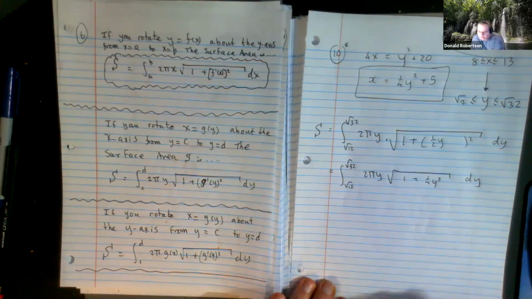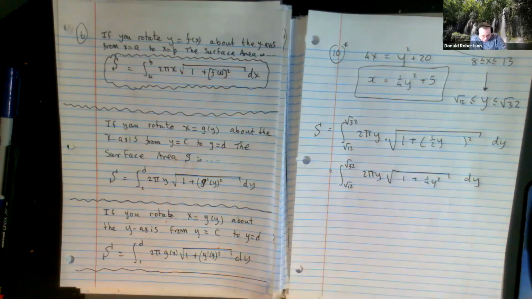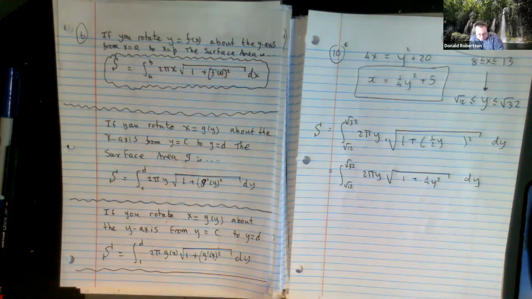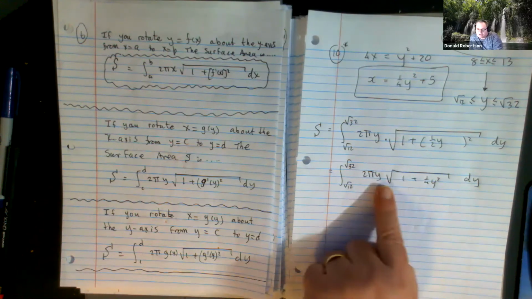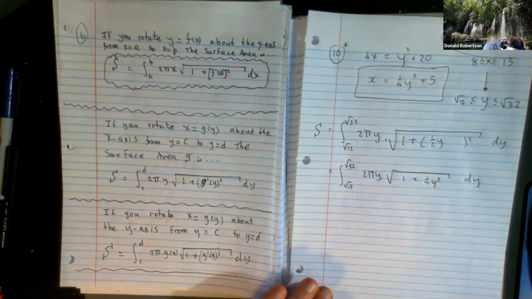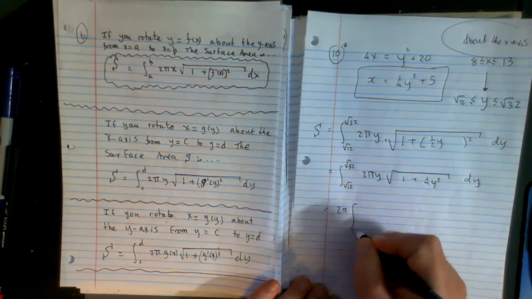Where am I going next? I need a technique for integrating this. I should have probably pulled out my 2 pi, but it's too late now. Would you use the substitution rule?